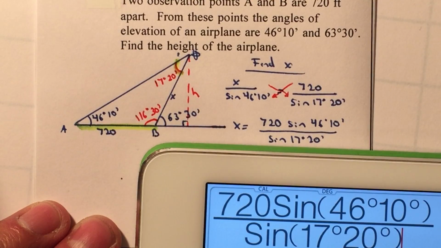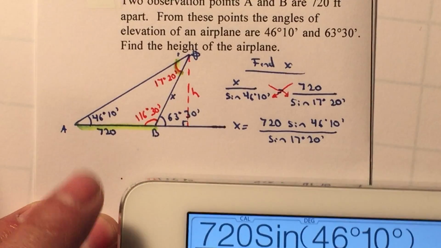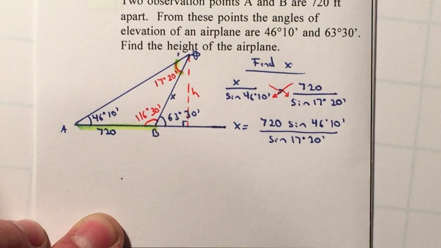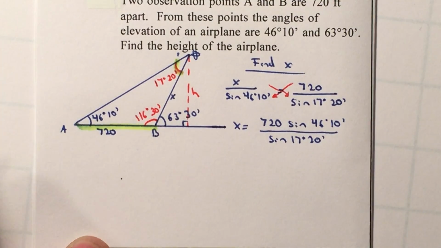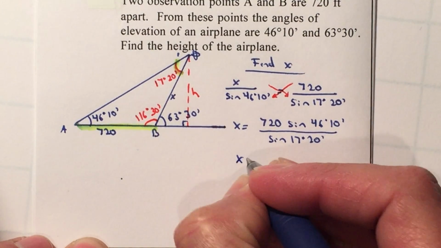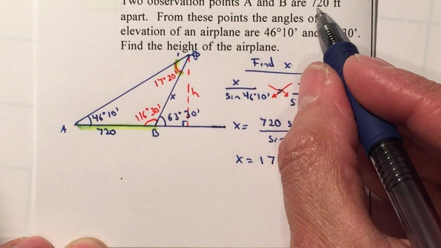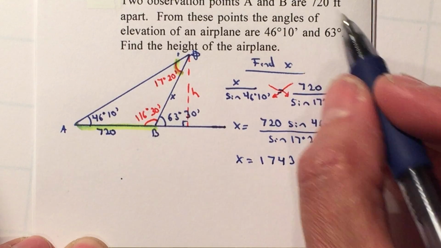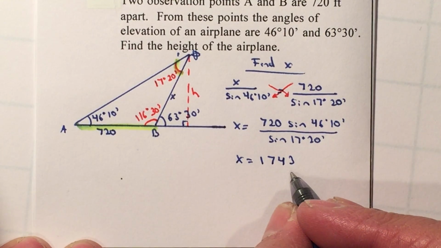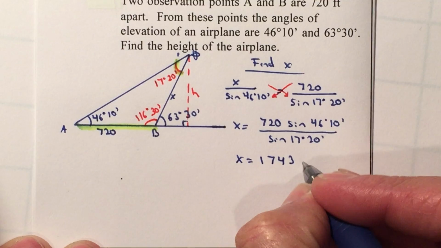Close my parentheses. And that gives you x is equal to 1743. They want two significant figures, so you can give me 1700 or 1743 should be fine. And that'll be feet.